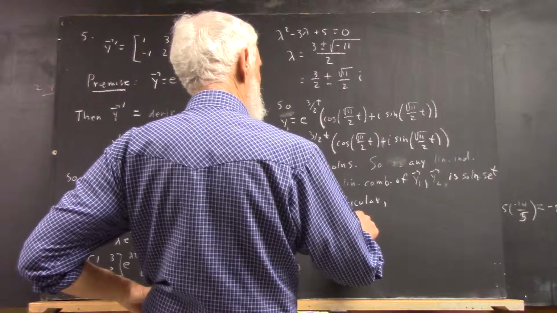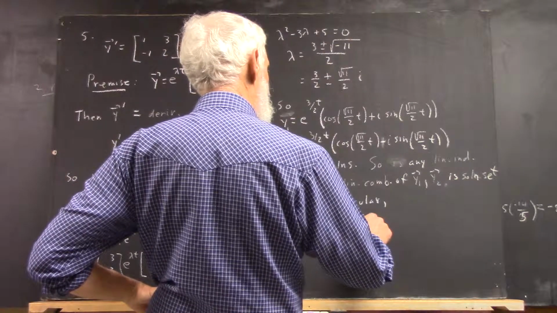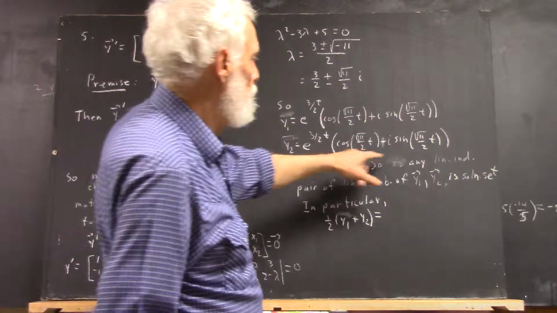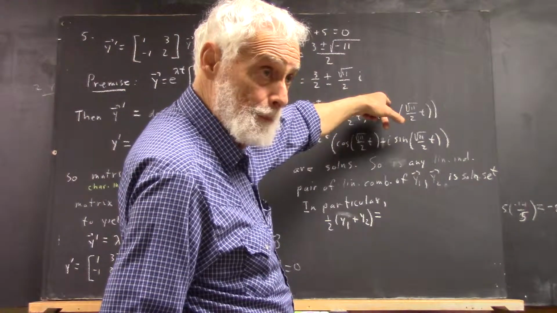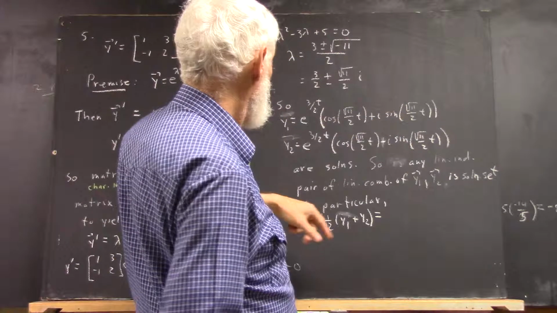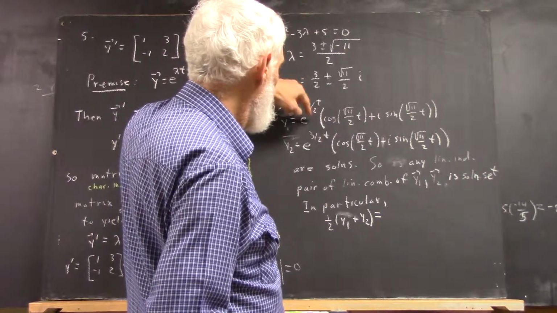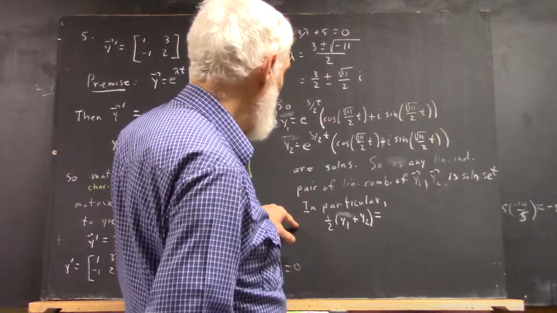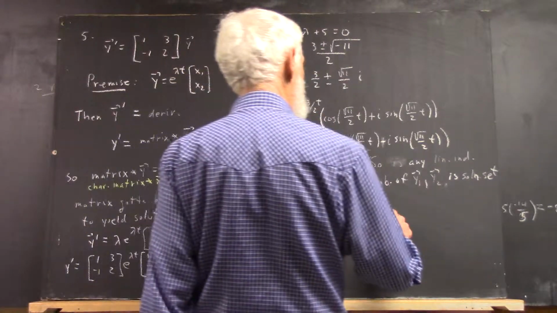Habit of writing a vector symbol there. Okay, well, if I add these two, the sine terms are going to go away, right? So I'm going to get double the e to the 3/2 t times the cosine. Okay? Well, I take half of that, so I just get an e to the 3/2 t times the cosine.